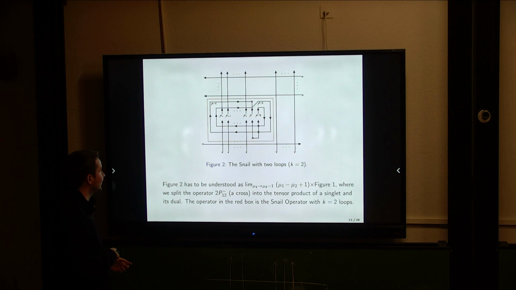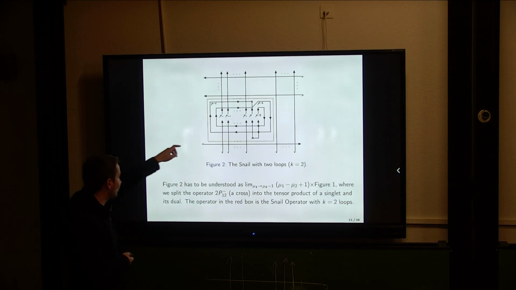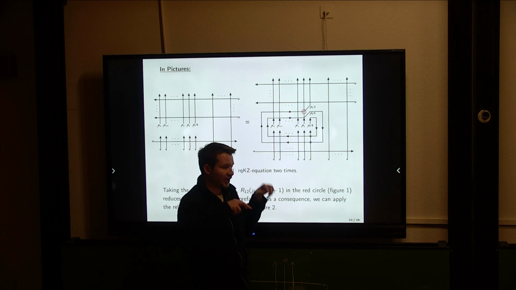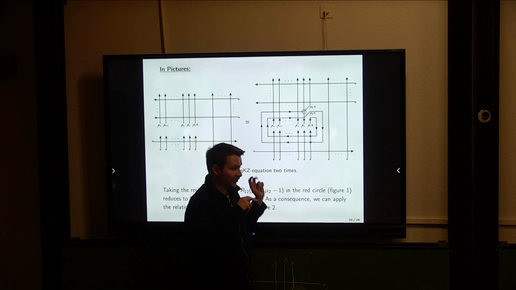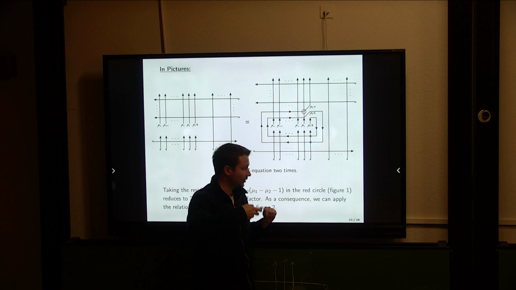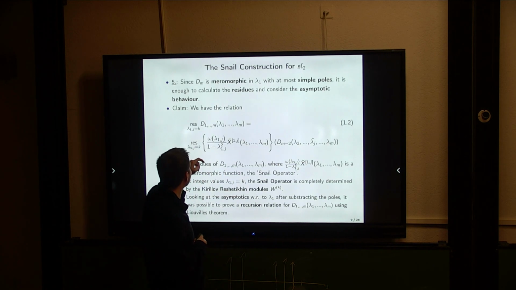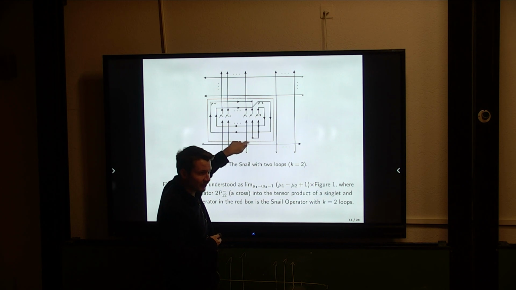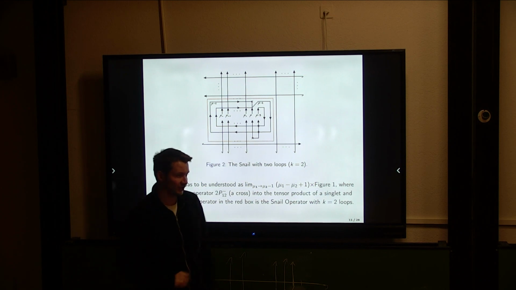Maybe I didn't say that. We have the projector P minus on the singlet, and we can just rewrite it as a singlet tensor its dual, and this is why these two crosses with no vertices appear. It's just the singlet and its dual.